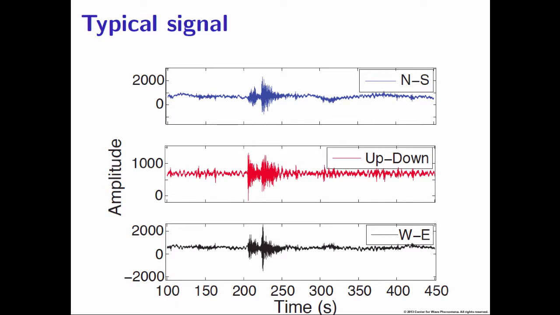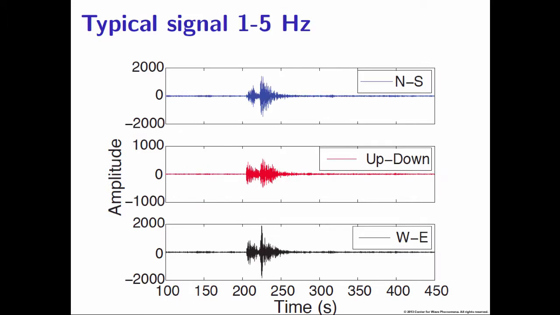But alongside this explosive signal is a long wavelength waveform recorded at our station, and also significant noise that was also recorded in the signal. Using a 1 to 5 hertz bandwidth of the waveform, we're able to remove substantially the noise present in the signal, and also the long wavelength part of the waveform.